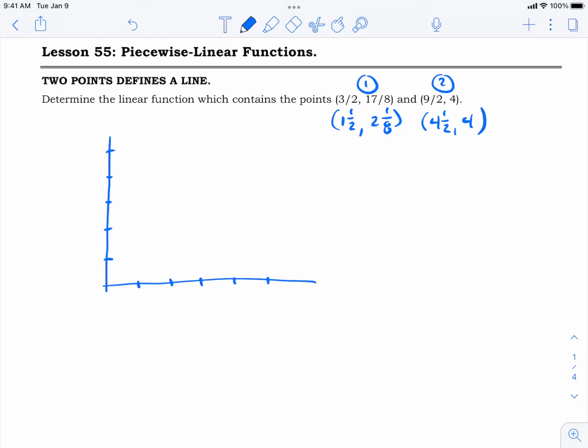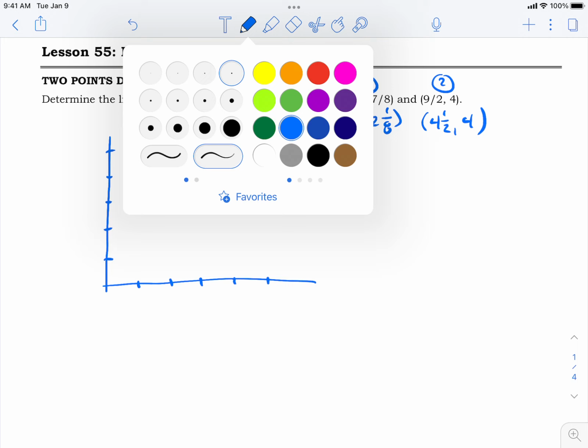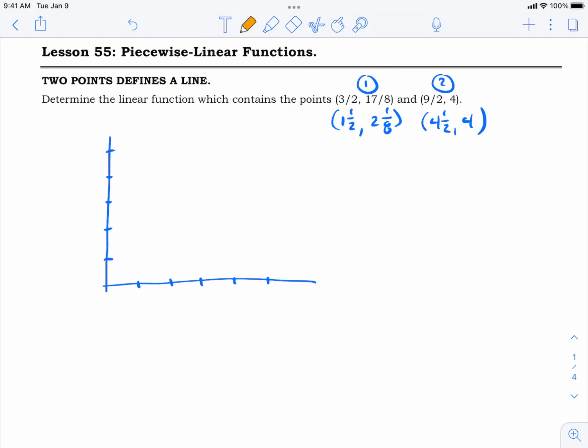The first point is that x is 1 1/2, y is 2 1/8, somewhere around there. I'm going to call that my point x1. In fact, I'm going to use another color real quick. So 1 1/2, 2 1/8.